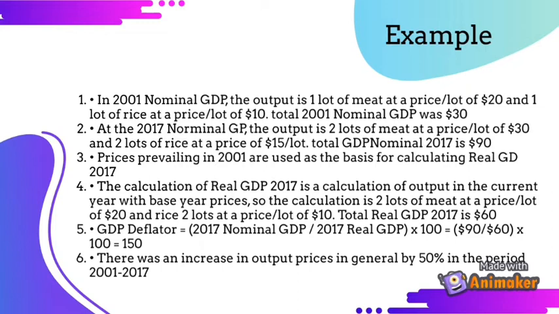GDP deflator equals 2017 nominal GDP over 2017 real GDP, multiplied by 100, equals $90 over $60, multiplied by 100, equals 150. There was an increase in output prices in general by 50% in the period 2001 to 2017.